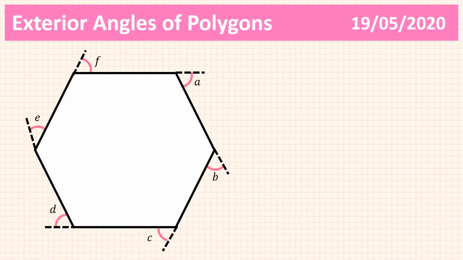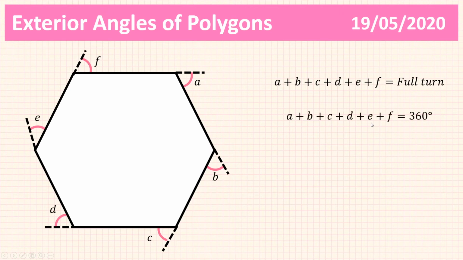And if I started here, if I think about how much I turned as I went round the entire shape, I did a full turn. So that means A, B, C, D, E, and F must sum to a full turn. And we know from our first video on angles that a full turn is 360 degrees. So I know that A, B, C, D, E, and F is 360 degrees.